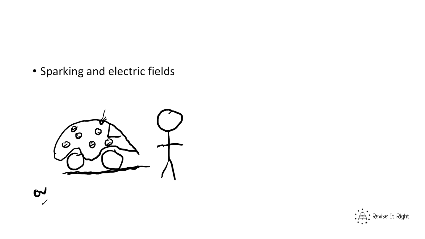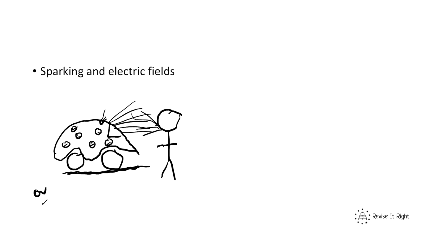Now, what this high potential difference does is causes a strong electric field between the charged object and the earthed object. Okay, so this charged object, this car, is going to have a very strong electric field, and the person here are going to have a strong electric field between them.